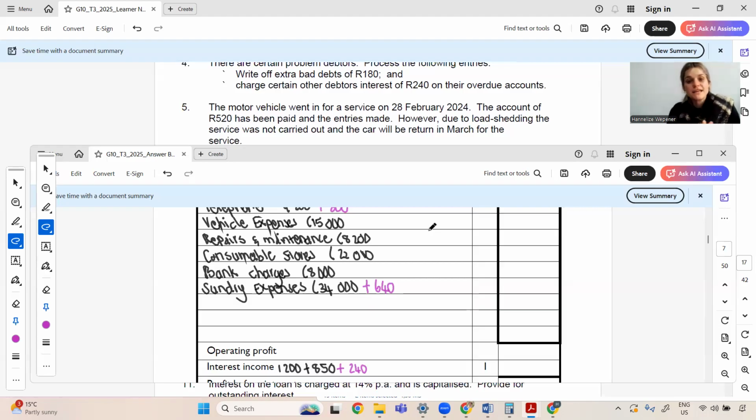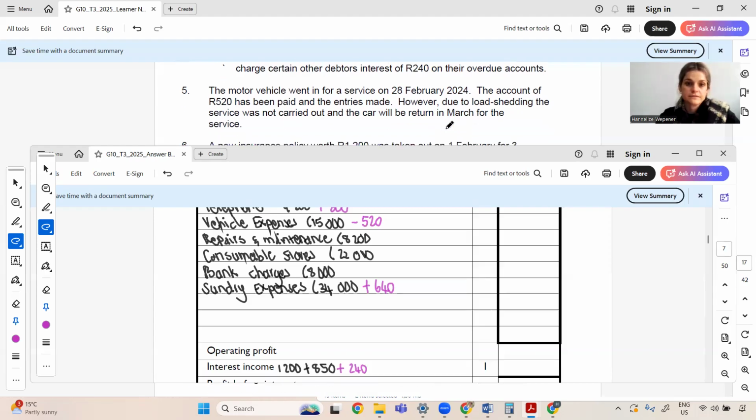So it cannot be an expense for Feb because they didn't work on your vehicle in Feb. Therefore, you cannot include the expense in your vehicle expenses because this has now become a prepaid expense because it's motor vehicle expenses that you paid for your next financial year. So debit your prepaid expense current asset and credit your vehicle expenses.